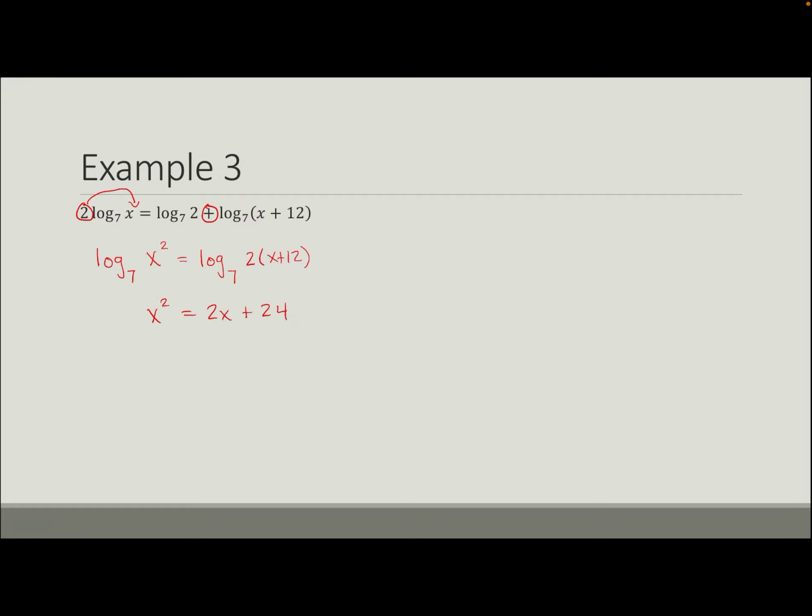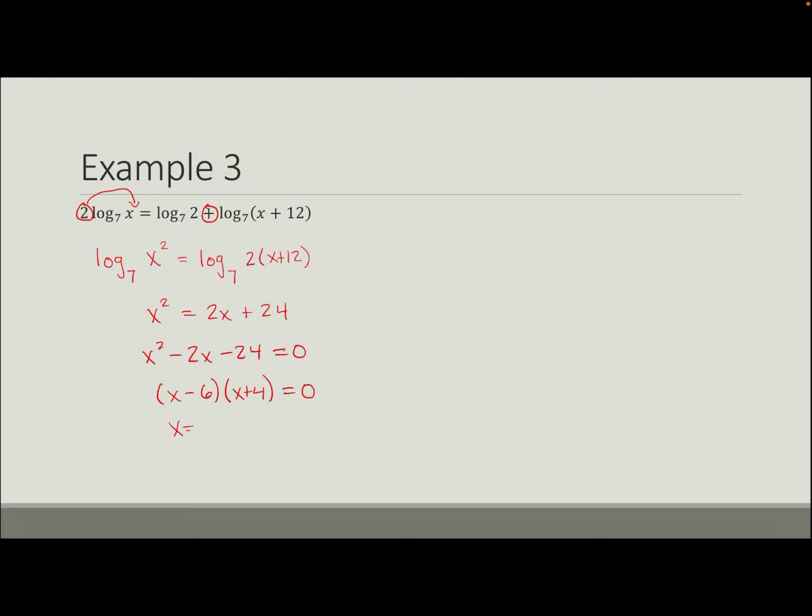We subtract 2x and 24 from both sides. So we would get x squared minus 2x minus 24 equals 0. And so then you would get x minus 6 times x plus 4 equals 0.